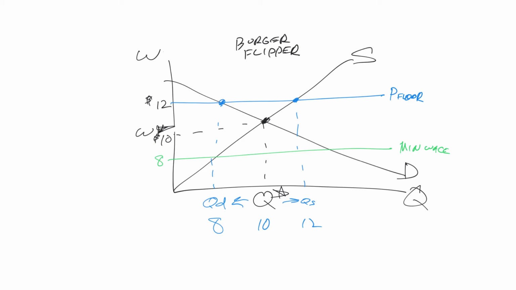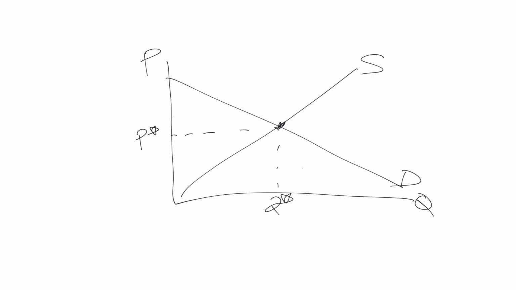Now, let's talk about a price ceiling. Let's say these are apartments, okay? Here's the equilibrium price and quantity. And a law is passed that says you can't charge more rent than that.